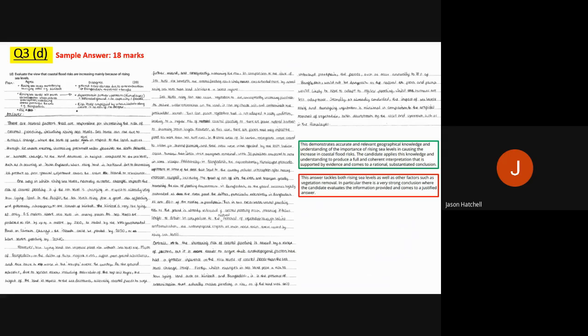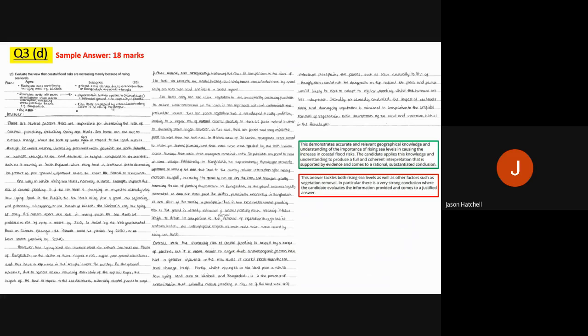So in the conclusion here, it says overall the increasing risk of coastal flooding is caused by a range of factors, but it's easier to argue that human factors have a greater influence. So this candidate has decided that actually ground subsidence, deforestation by us, and urbanization by us, and us removing plants, etc., actually that's a big, easy cause of flooding along coastlines rather than rising sea levels.